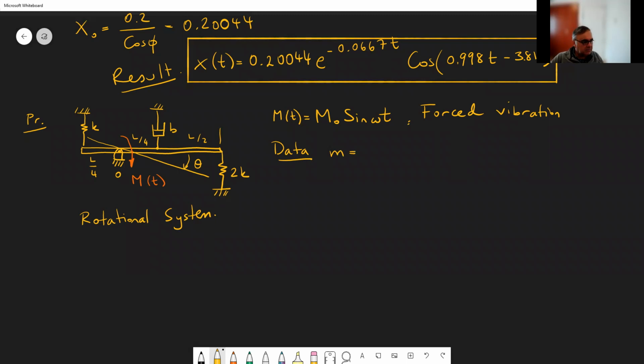The mass of this thing is 10 kilograms. The length L is 1.2 meters. This is a simple bar, so you can find its mass moment of inertia.